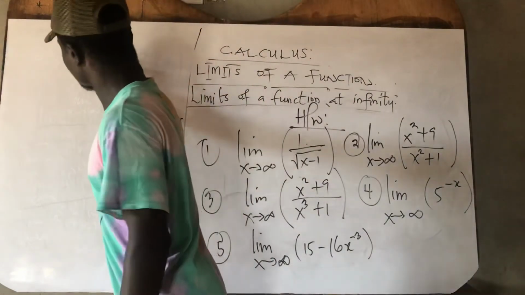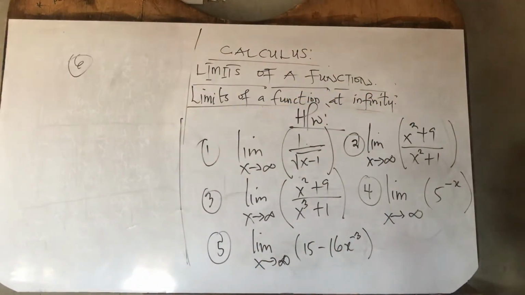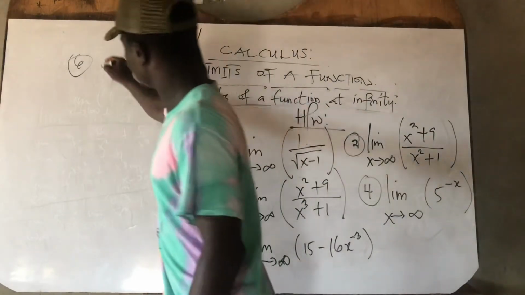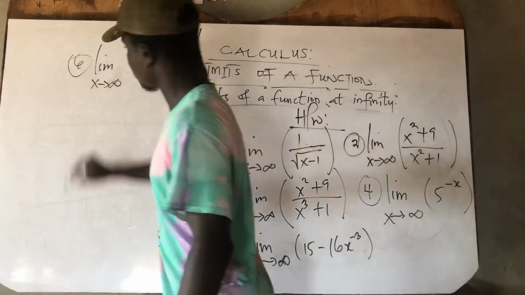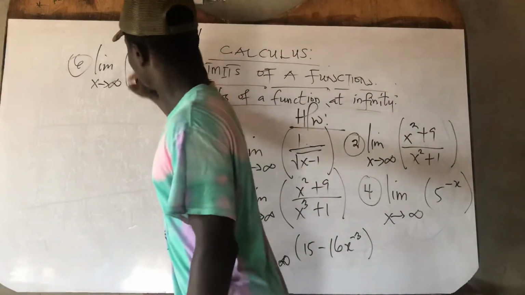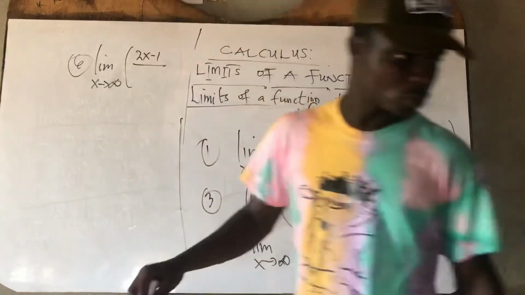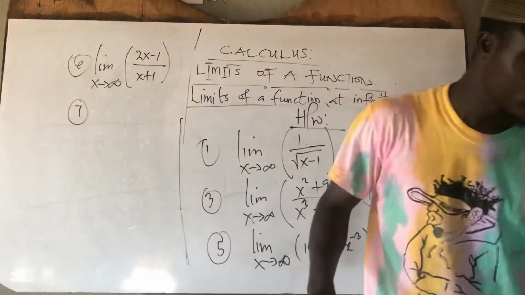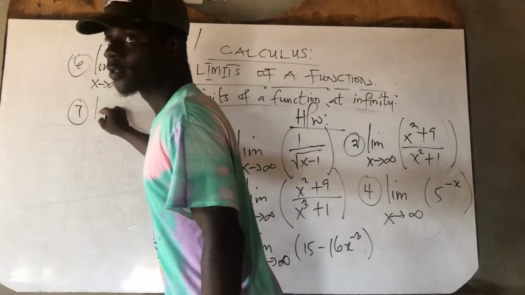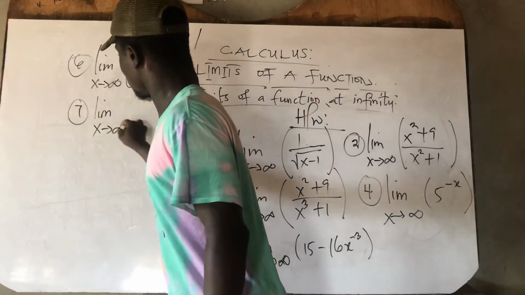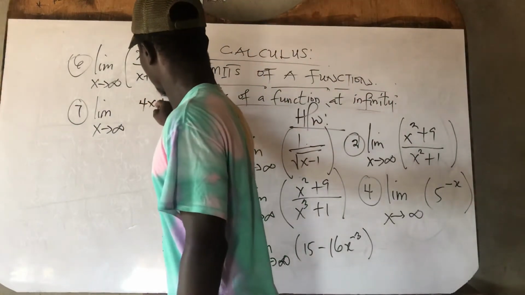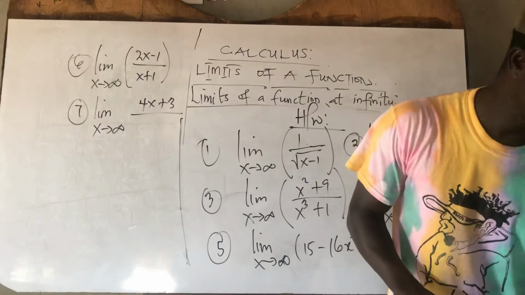Then 6, the limit as x approaches infinity of 2x minus 1 all over x plus 1, then 7, the limit as x approaches infinity of 4x plus 3 all over 3x plus 5.